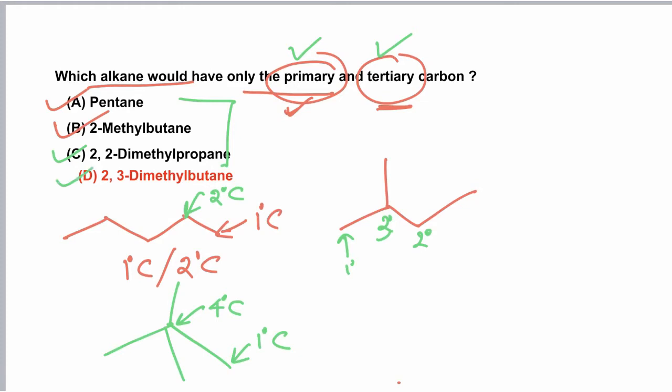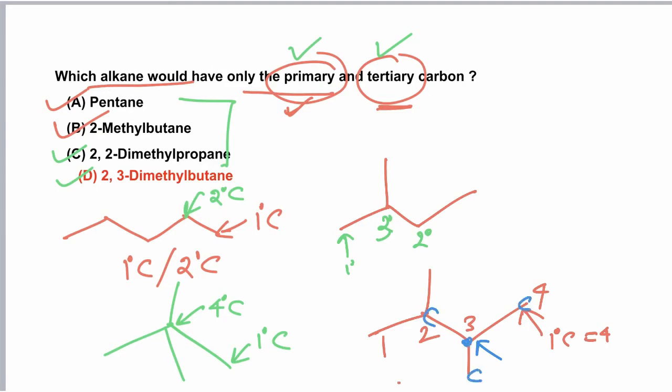If we take option D, the molecule is 2,3-dimethyl butane, and in 2,3-dimethyl butane we have 1 degree carbon. So these are 1 degree carbon, total 1 degree carbon is equal to 4. Now this carbon is directly connected with 3 other carbon atoms. So this is 3 degree carbon. So this molecule has 3 degree carbon and 1 degree carbon. So the correct answer is D.